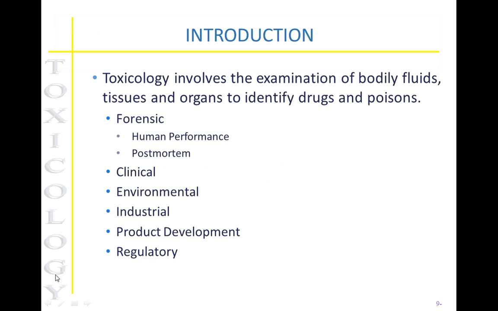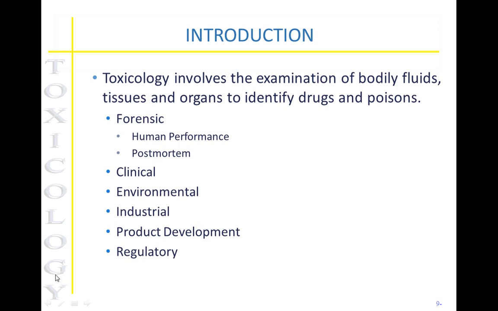Toxicology involves the examination of various bodily fluids, tissues, and organs to identify the presence of drugs and/or poisons. There are several different types of toxicology. Forensic toxicology involves samples that are specifically related to criminal investigations, either illegal drug use or possibly death investigations.